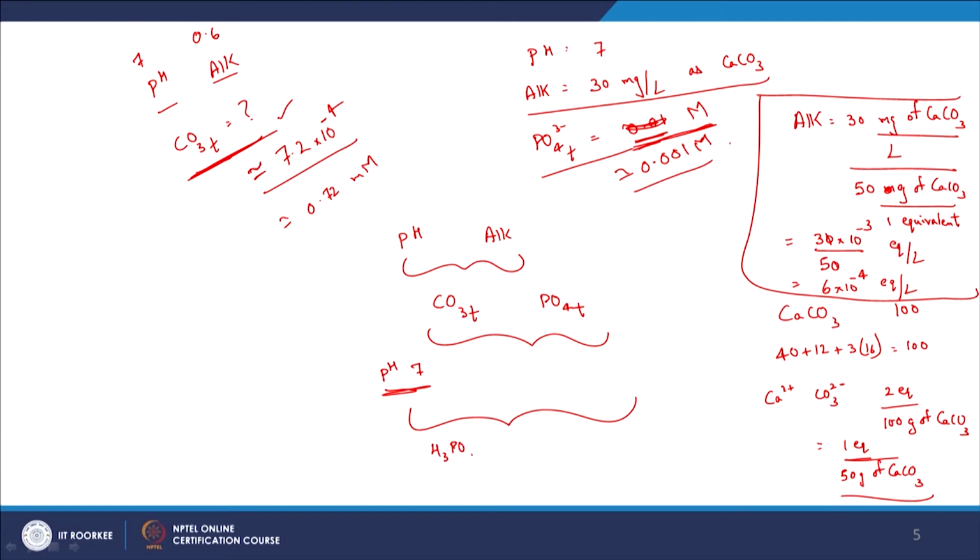H3PO4, H2PO4 minus, HPO4 2 minus, and PO4 3 minus, and so on, right? So this is what we can do. So obviously we need to transform it such that we get the first components that we need to look at and then go through, right? So we are done with this for now.